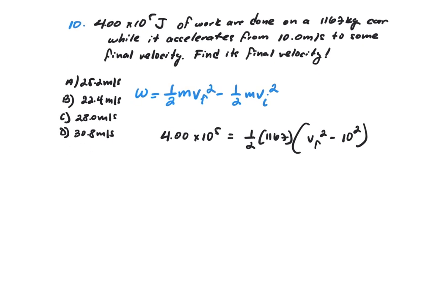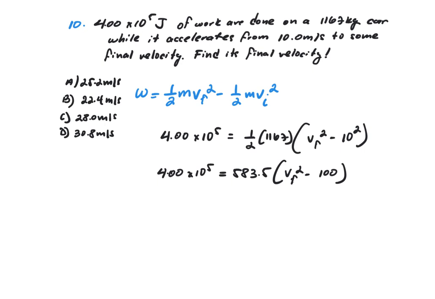So this comes out to be 4.00 times 10 to the fifth, and if we divide 1,167 by 2, we get 583.5, times v final squared minus 100.